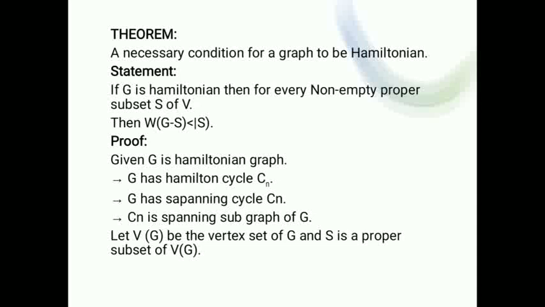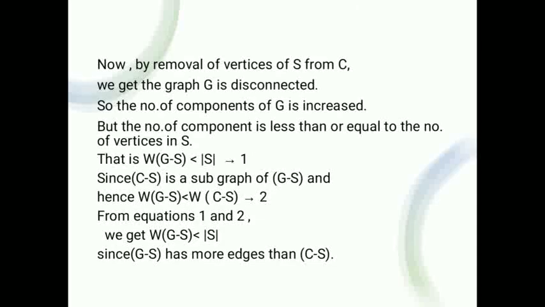Then we can call it a spanning cycle, that is, a spanning subgraph of G. Let V be the vertex set of G and S a proper subset of V. Now, by removal of the vertices of S from C, where C stands for cycle, the resultant graph is disconnected.